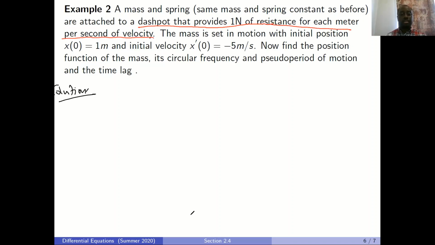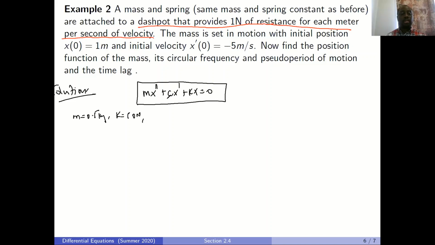The general equation for the spring mass system is mx'' plus cx' plus kx equals 0 for the free system. We already know that m is 0.5 kilograms, and k is 50 newtons per meter from the previous problem. So we just need to determine the damping coefficient c.